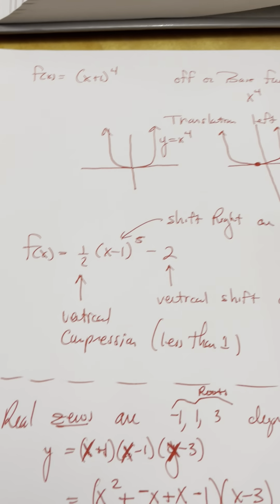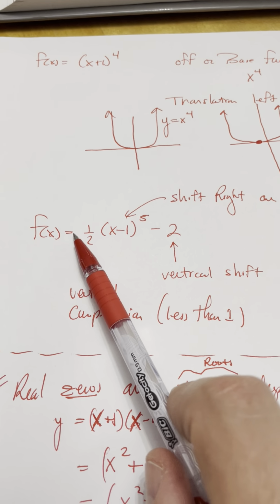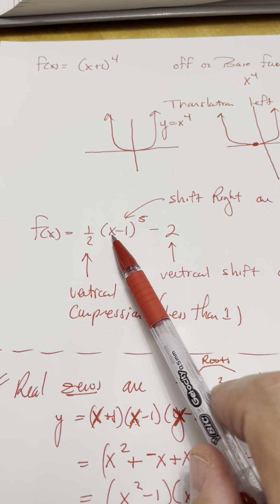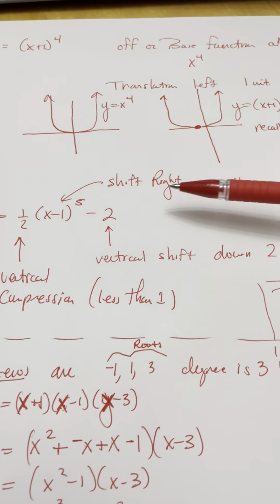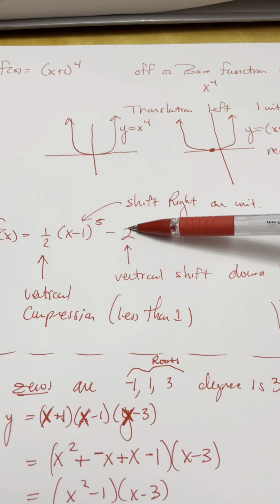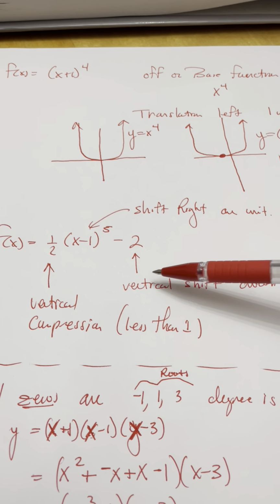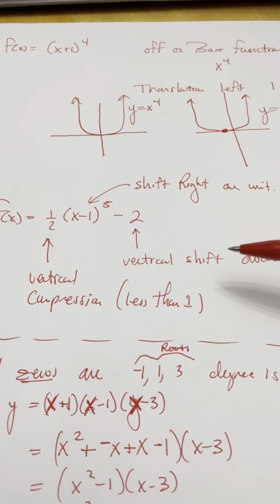What happens if we're dealing with something that looks like this? f of x is equal to 1/2 times the quantity (x minus 1) raised to the 5th power, minus 2. Well, the minus 2, because it's just being subtracted off of the base function, is a vertical shift. Since it's negative, it's down 2 units.